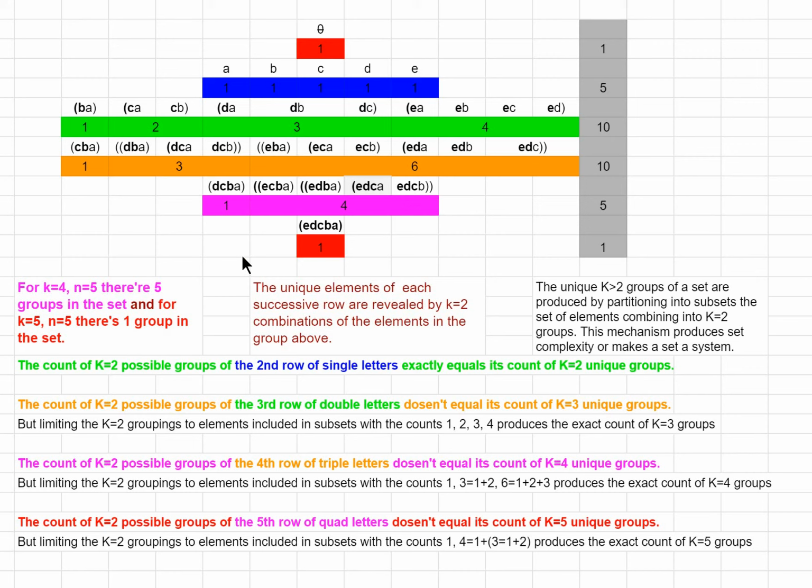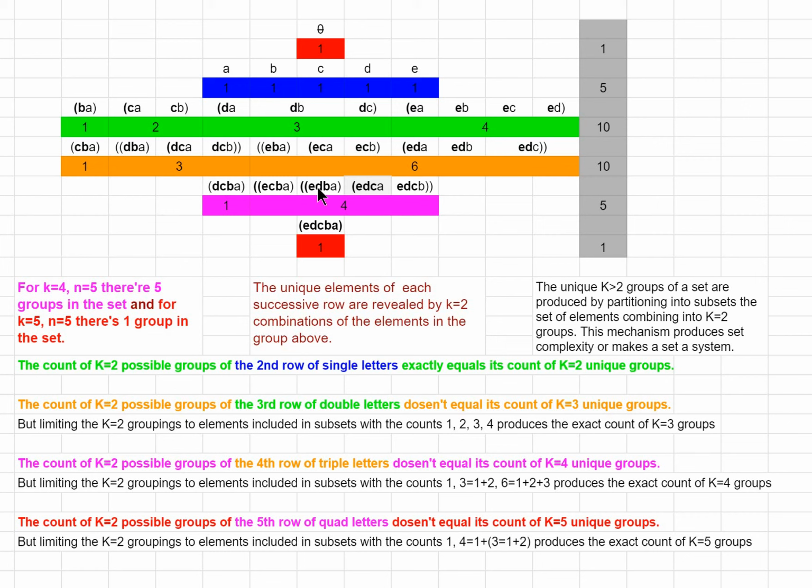So let's look at what's possible. So we have 1, and again, since we only have 1, we cannot combine it with another to produce an order k equal 5 group. And then since the 4 is partitioned into 1 and 3, this 1 also doesn't have another element to combine with to produce an order k equal 5 grouping.